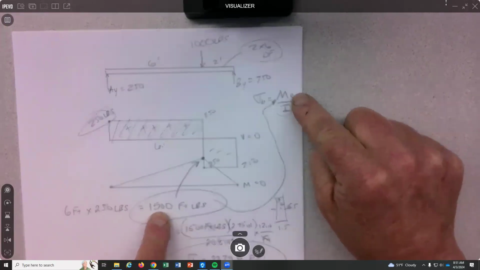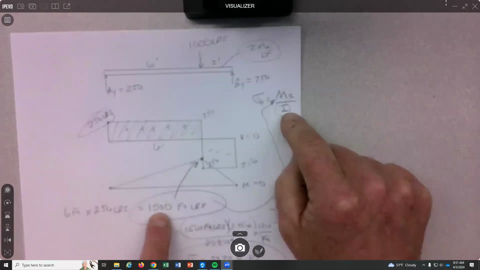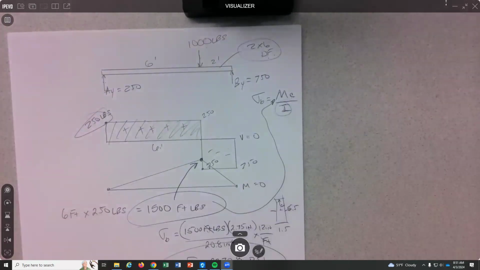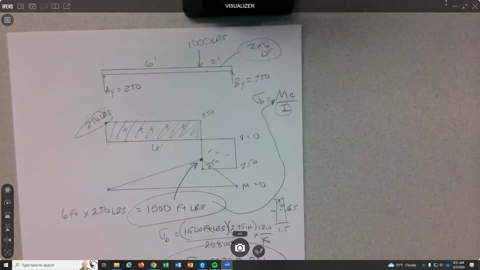C changes, so you put C in as a variable, and then you put I in as a variable, and try to reverse calculate the area required. It's a little bit hard to do because it's inches to the 4th down below, and it's just a pain. So I'm a big fan of trying a bigger piece of wood and just recalculating. So that's bending stress on a basic level.